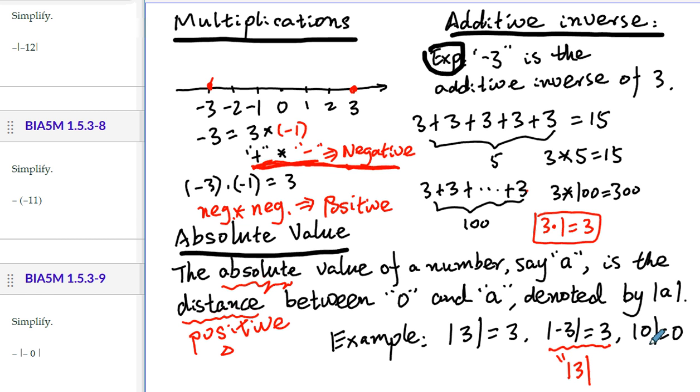Now, with those things in our mind, we can easily solve this question and this question. You see here is negative 12. You have a bar on both sides, vertical line on both sides. Then, in this case, is absolute value. In this case, is different, is parentheses. What's the difference between those two? This negative 12, you choose absolute value is positive 12.